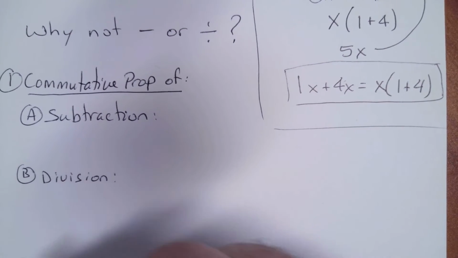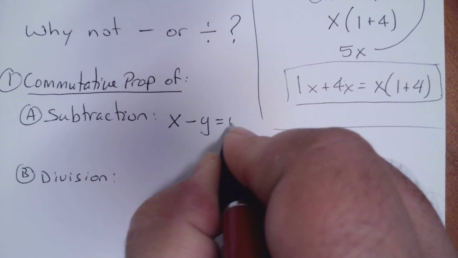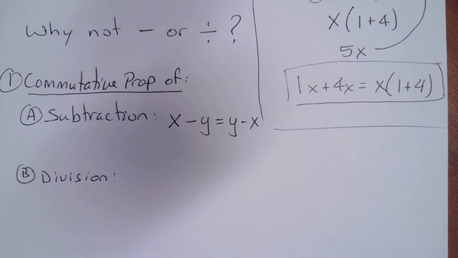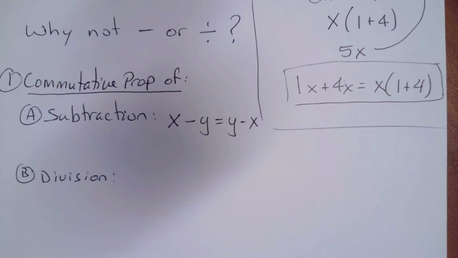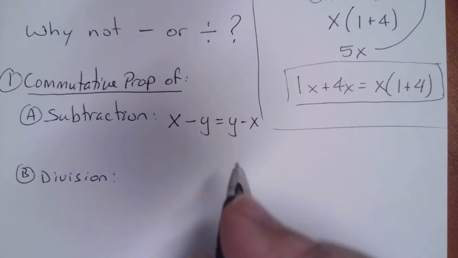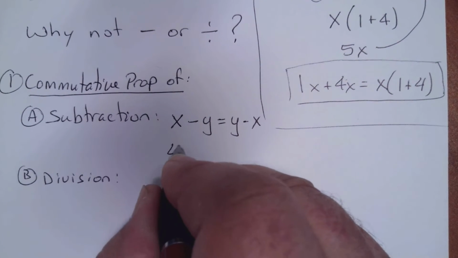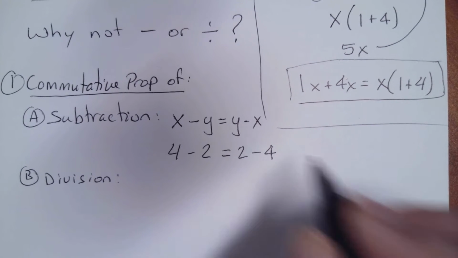So if you look back at the commutative property, x minus y, does it equal y minus x? Why not? It's only true in one instance: if x equals y, if they're the same number. 4 minus 2 does not equal 2 minus 4.